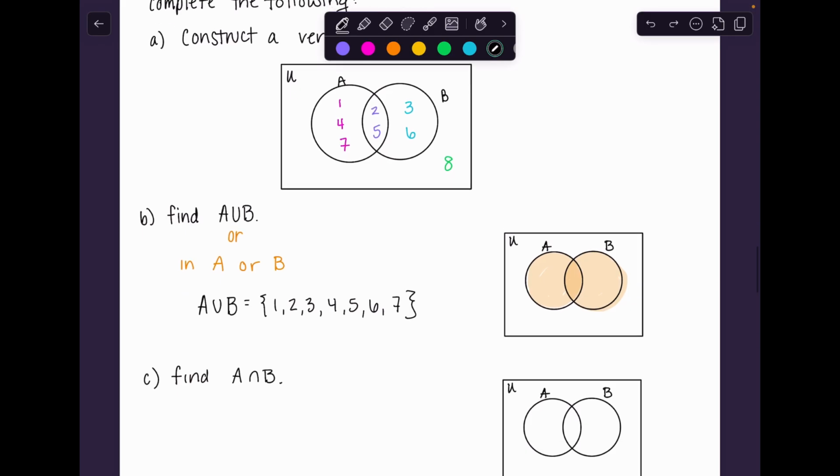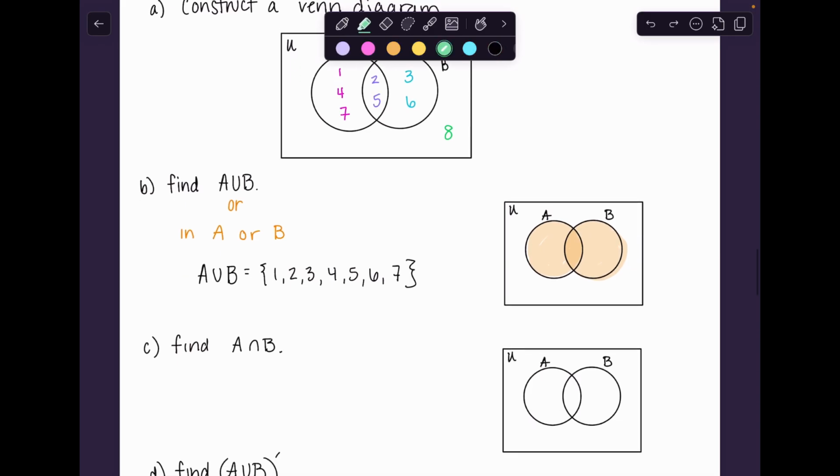Next up, we want to find the intersection. Again, the intersection means and. So these are things that are in A and in B. And is very selective. It's got to be both of them. Or is more relaxed.